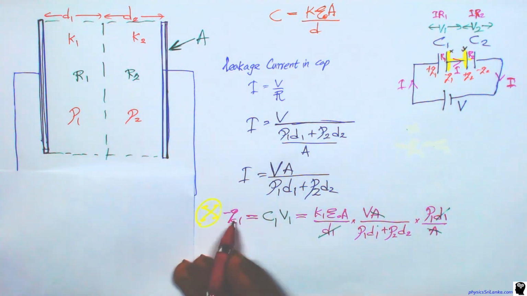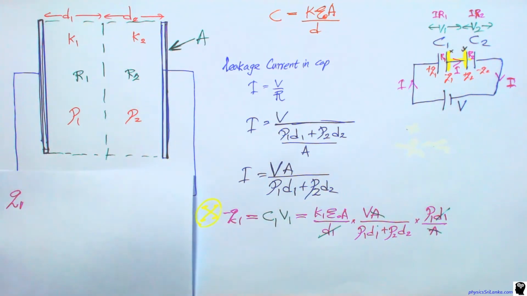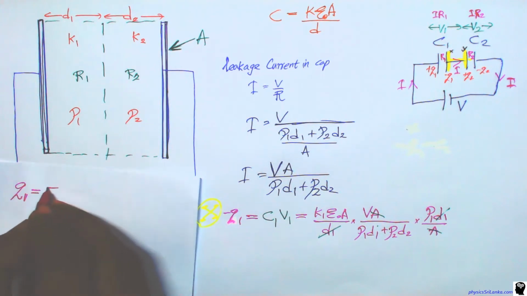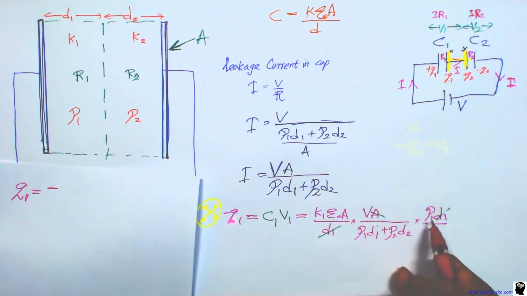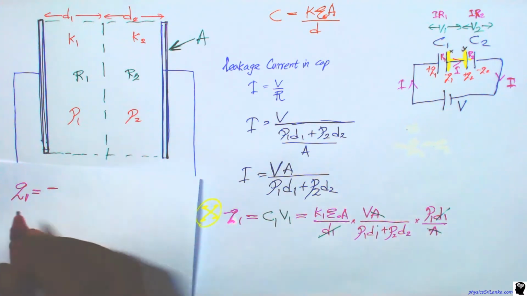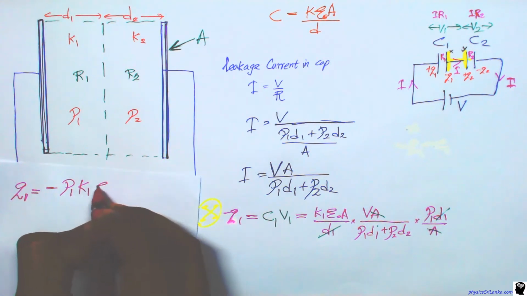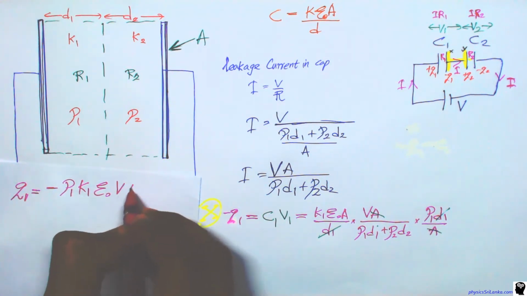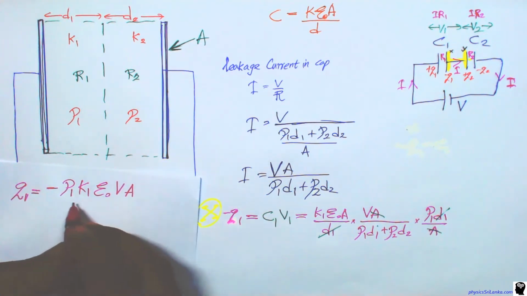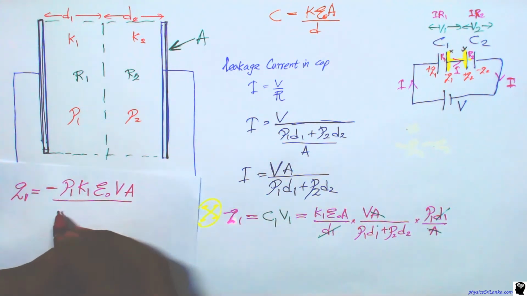The value of Q1 we get is negative: ρ1 K1 ε0 V A divided by ρ1 d1 plus ρ2 d2.